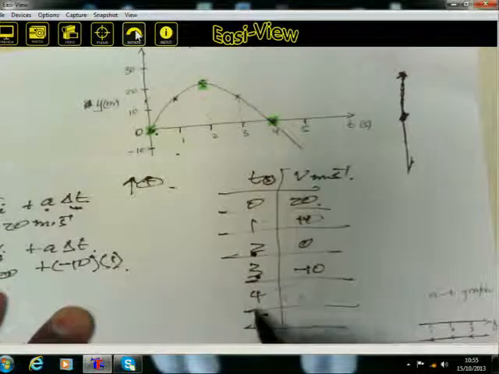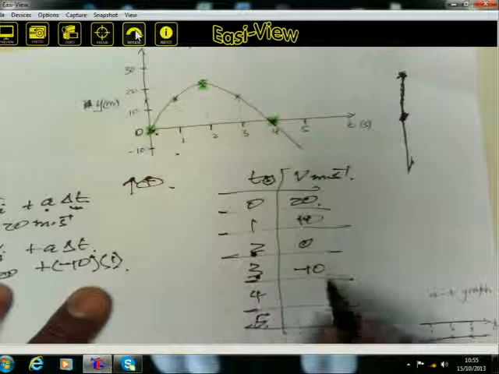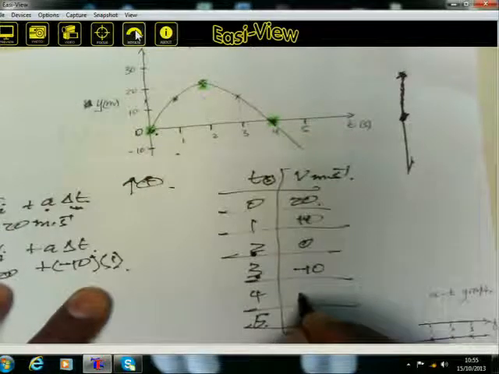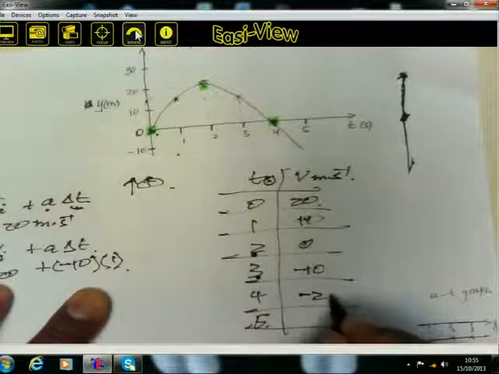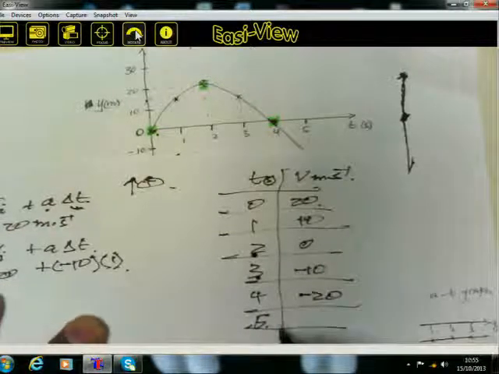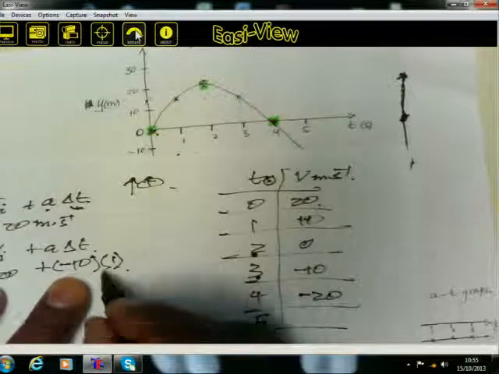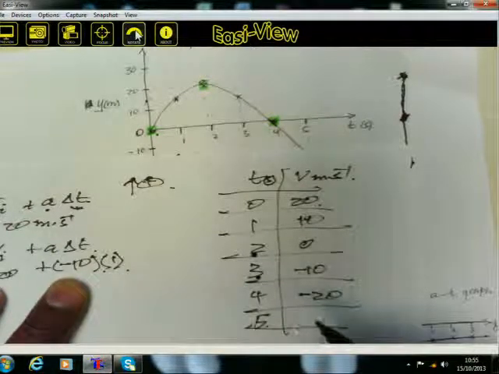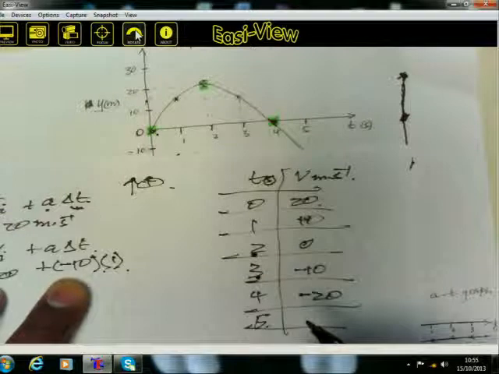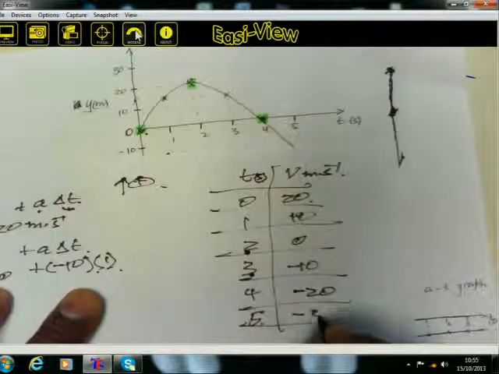When t is equal to 4, then we have 20 minus 40, which gives us minus 20. And when t is equal to 5, that is 5 multiplied by that will be -50, so we have 20 minus 50, which will give us minus 30.